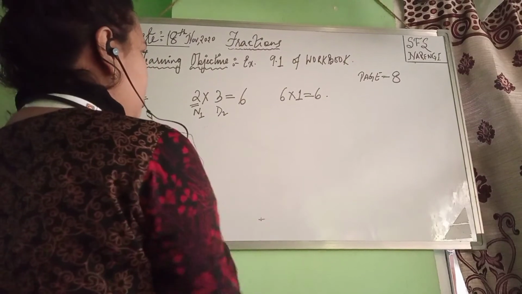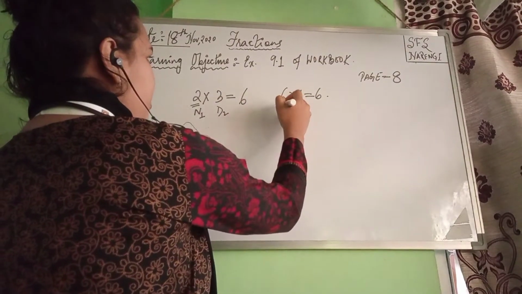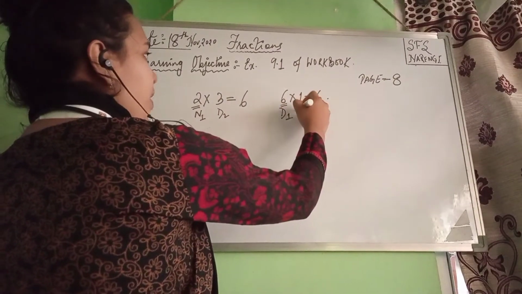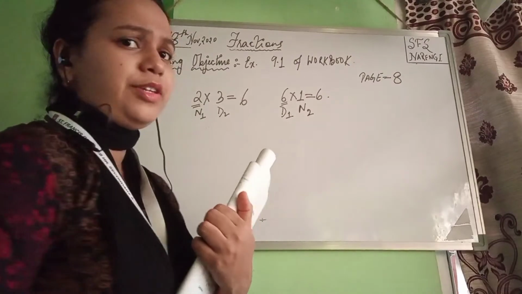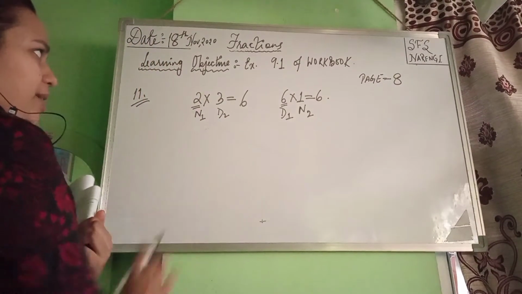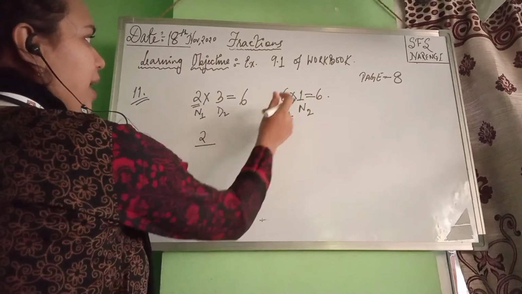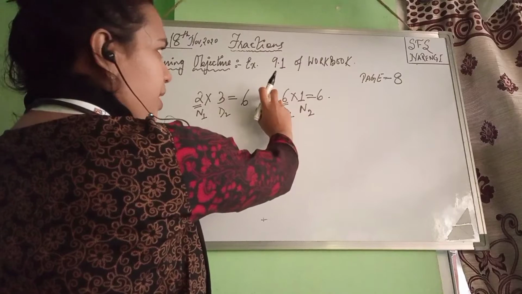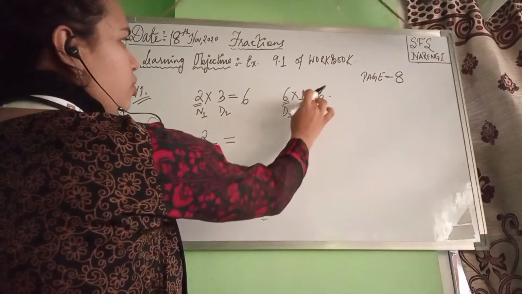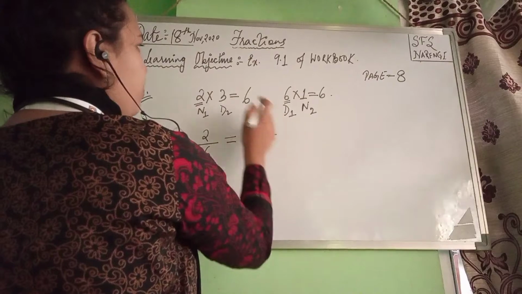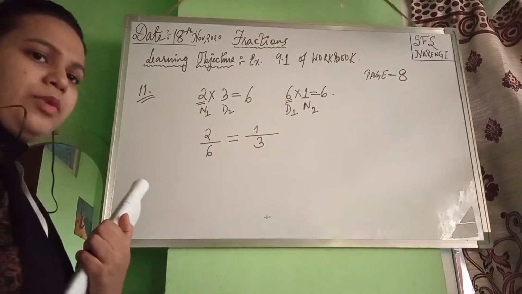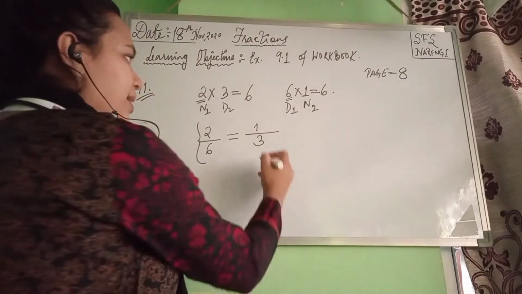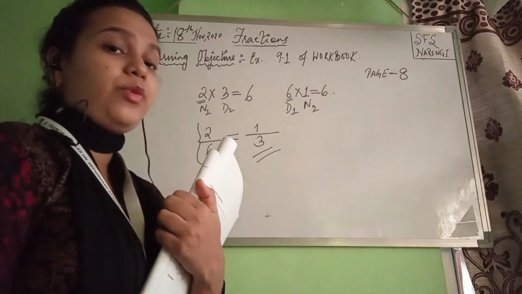If 6 is the denominator of the first fraction, n2 will be the numerator of the second fraction. I am just assuming that. Then I can say that 2 by 6 is equivalent to the fraction with numerator 1 and denominator 3, so this cross product is also denoted by this pair of equivalent fractions.